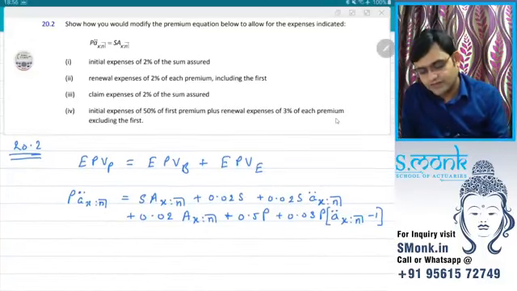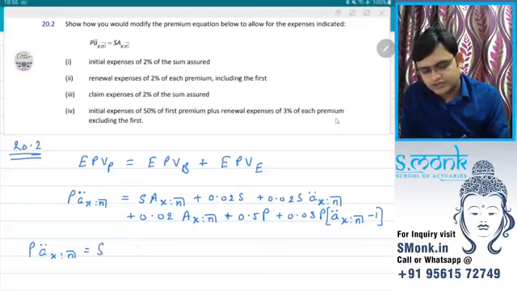Now how would we combine it? I'll say premium times a-due x:n. I can take all the a-due x:n terms to this side, but I will do it later on. I'll say sum assured plus 2% of sum assured. I can add these two, so I will have 1.02 S A x:n.